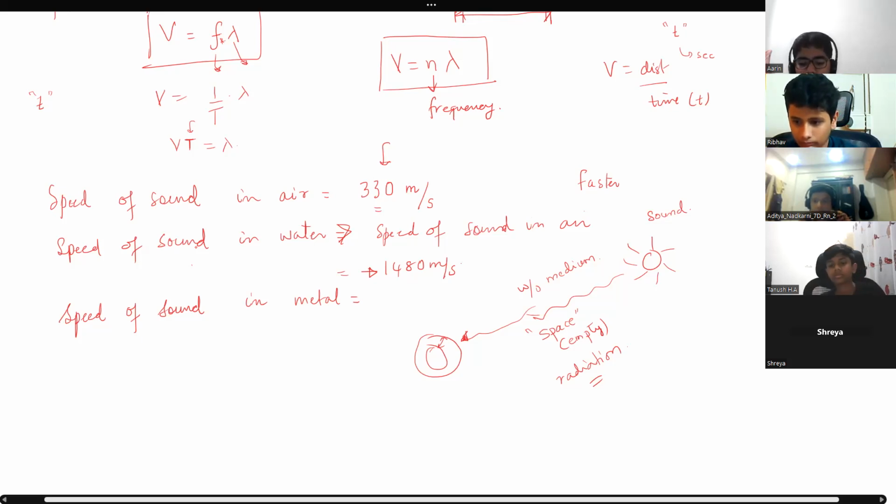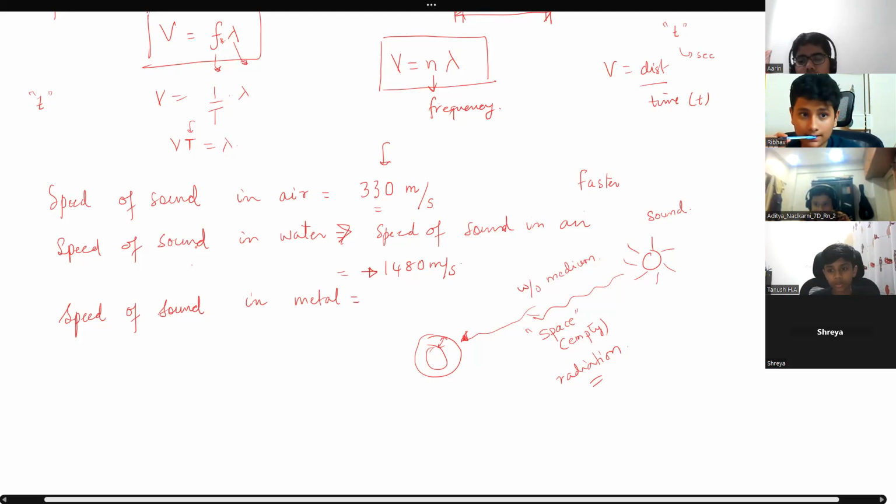So what do you think will be the speed of sound in metals? Fastest, because in solids the molecules are the most tightly packed, so they will be able to vibrate.